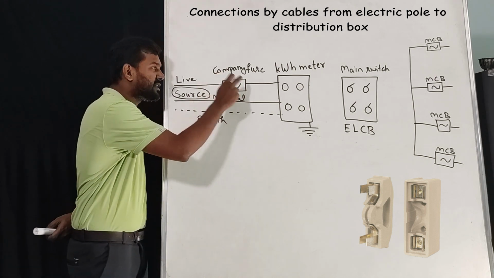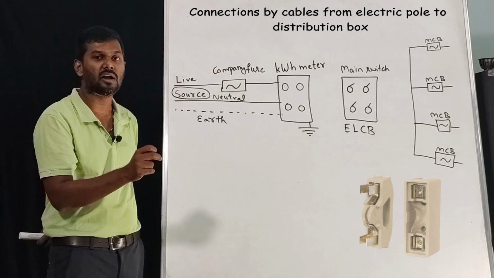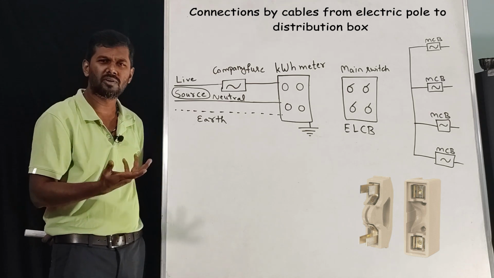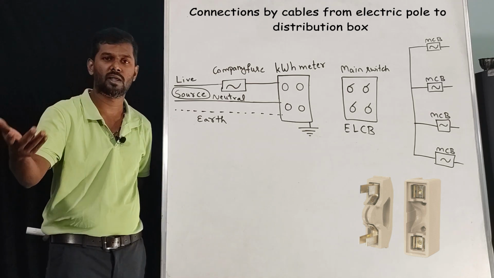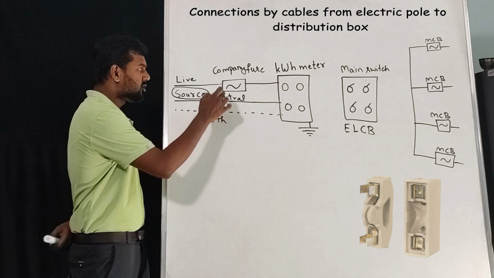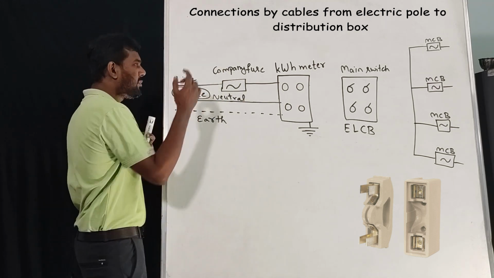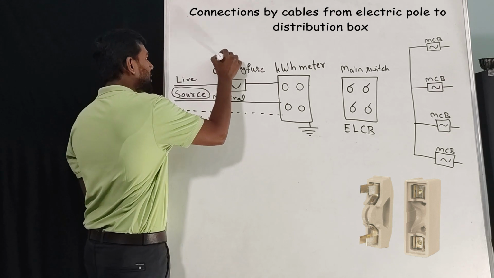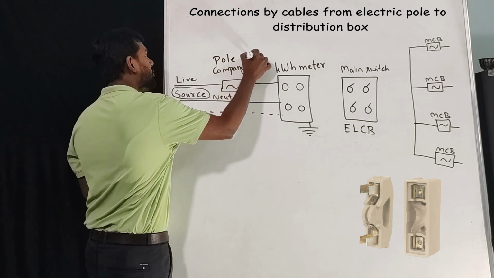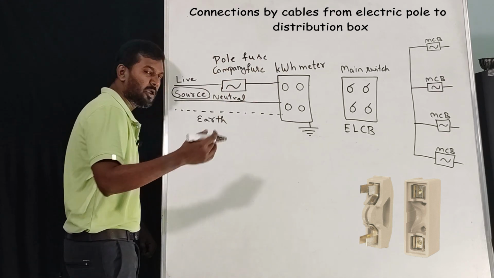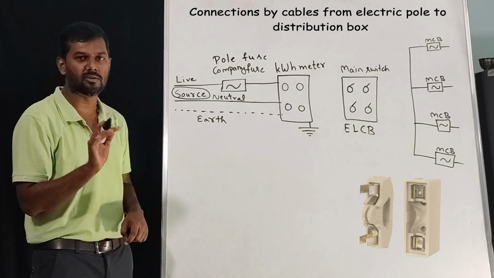Because this will be installed by the company. What company are we talking about? The service provider; in Bangalore it is Bescom. This company fuse has one more name, that is pole fuse. In the exam they may use any word, you should never get confused.